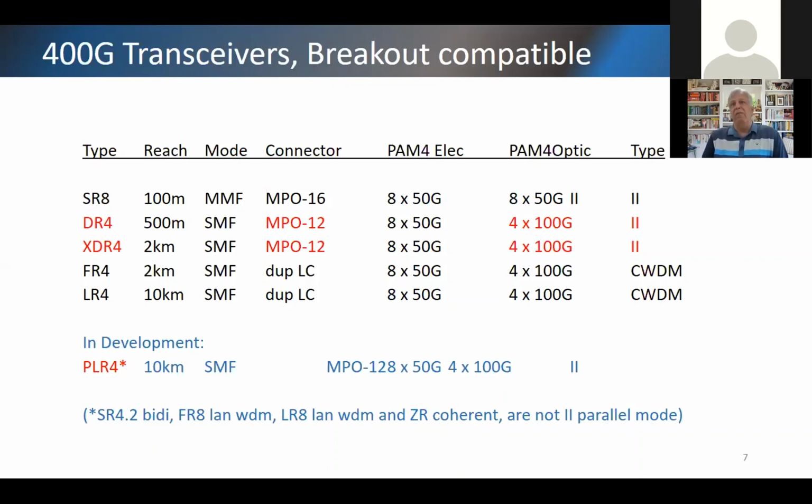And then the PLR4, which is basically the LR4 in parallel mode instead of CWDM. These all have MPO12 connectors, so you can see the commonality for the breakout compatible cables: they're going to be single mode, you're going to have an MPO12 connector, and the optics are all going to be parallel 4x100 gig optical signals.